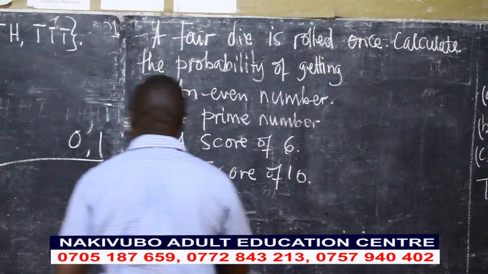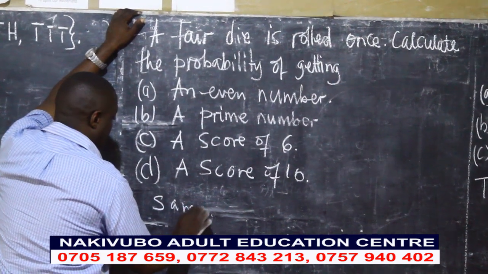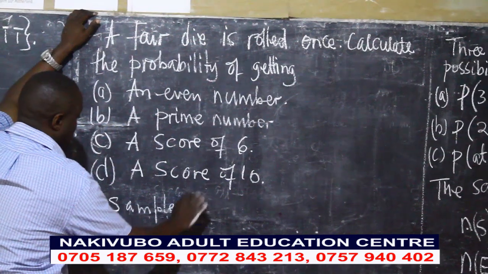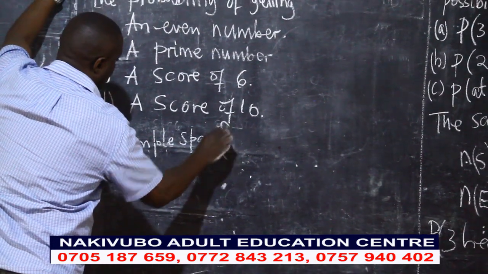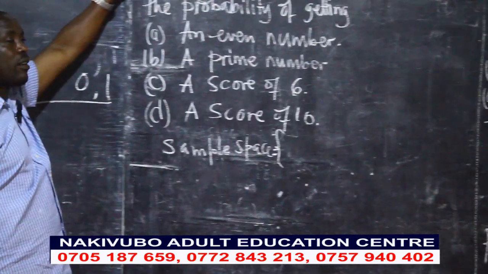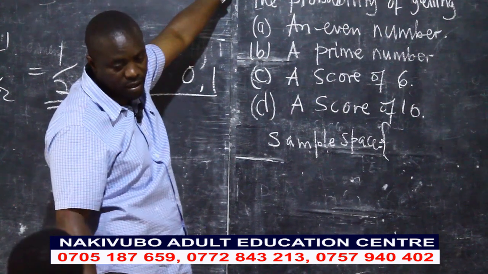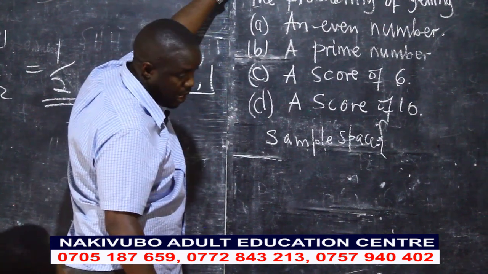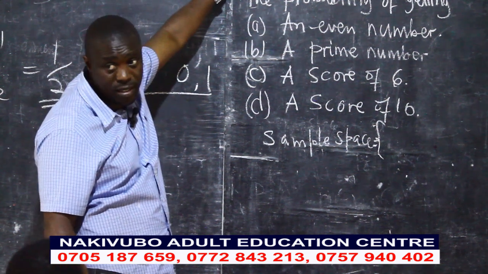Let us pass this down. The sample space. Sample space of a die. You know a die has how many faces? 6.